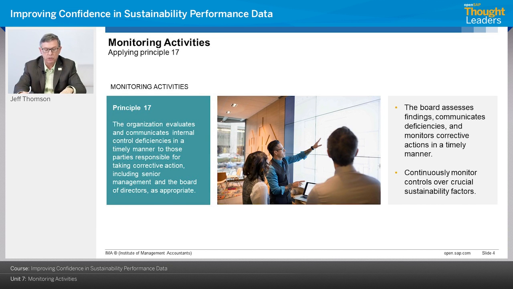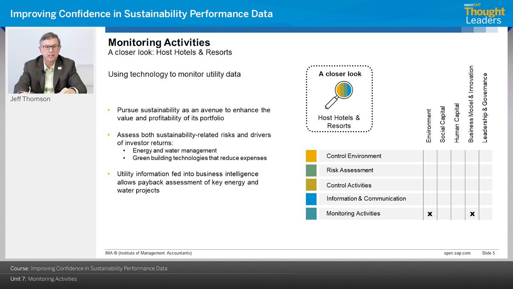So let's turn to our mini case here in monitoring activities. Host Hotels and Resorts, they use technology, a very, very robust way to monitor utility data. By the way, Host Hotels is a real estate investment trust, a REIT as it's often referred to, focused on luxury and upper scale hotels and resorts.